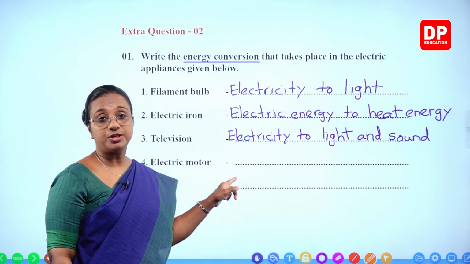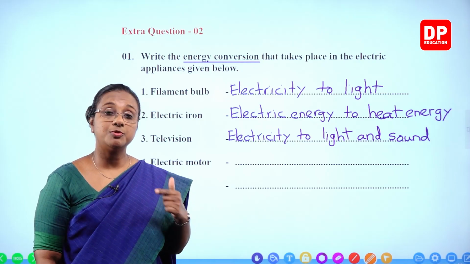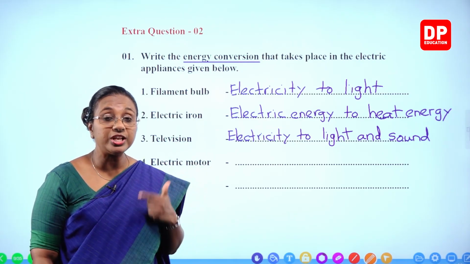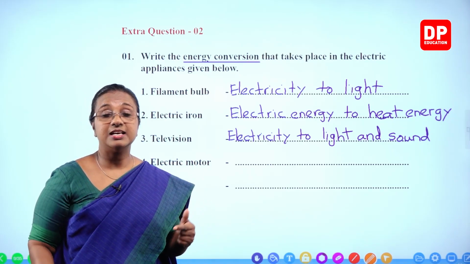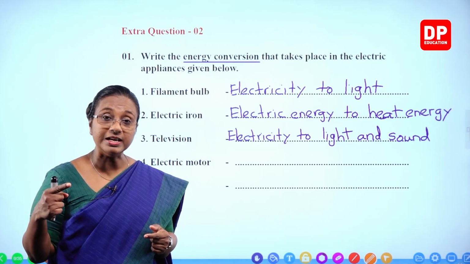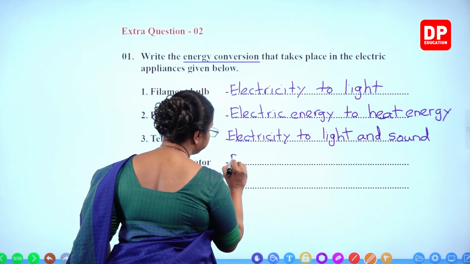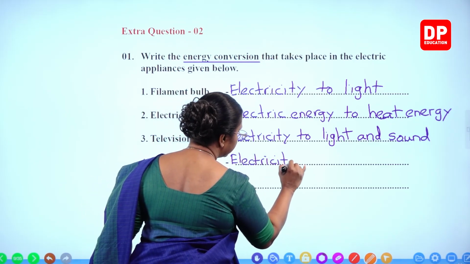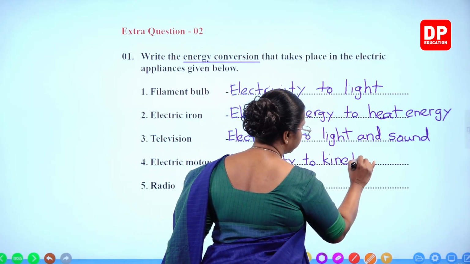Then electric motor. Now electric motor, the motor rotates. Usually there is a motor connected to a fan or just the motor. There it is the rotation of the motor. So then it is kinetic energy. When there is rotation, movement, there is kinetic energy. So electricity to kinetic energy.